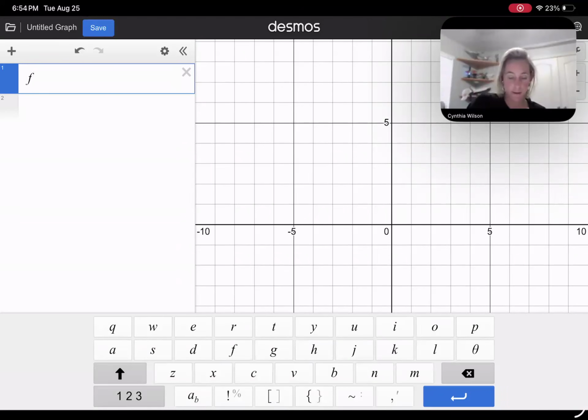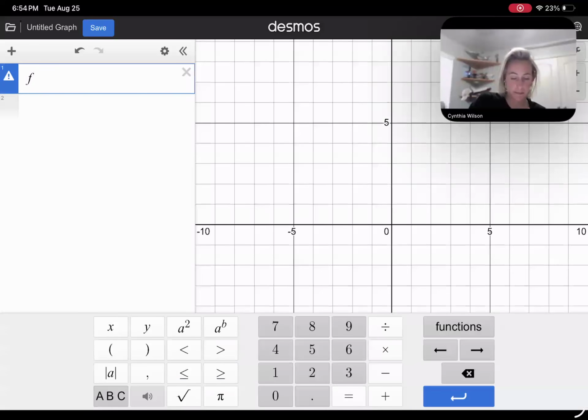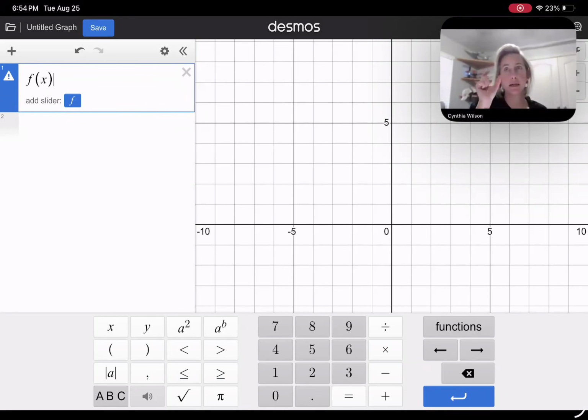You type in your f, then go back to your 1, 2, 3s, parentheses, x. What that's doing is it's labeling, it's identifying and defining a function, which is incredibly important when we get to this next part. And we want an equals to.